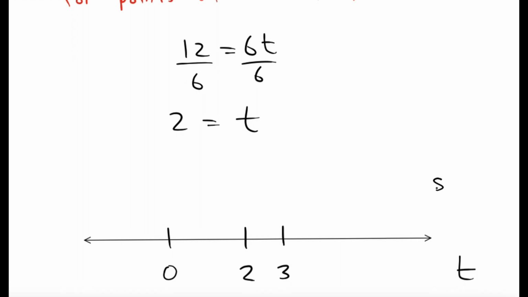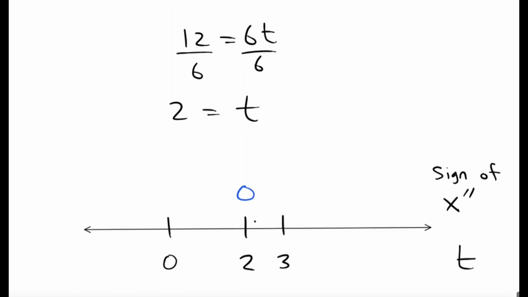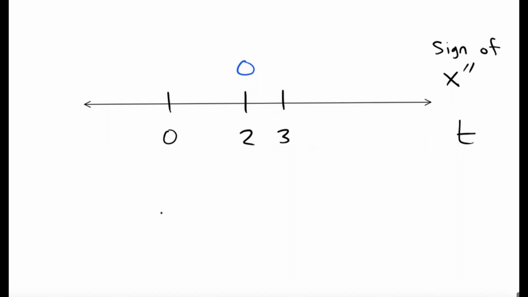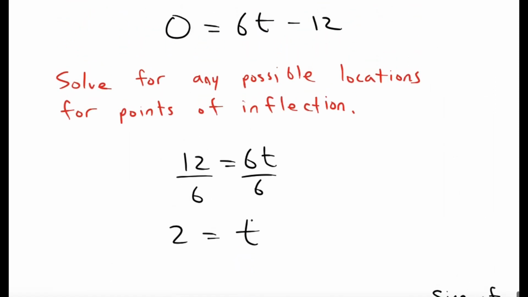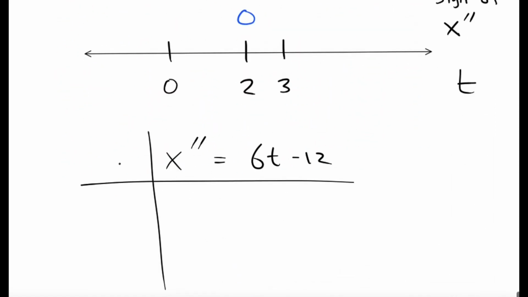We're going to be looking for the sign of the second derivative here. I already know the sign of the second derivative is 0 at 2. But what is it around the 2? So we can use our formula, pick arbitrary values of t that are around 2, and we'll plug in to the second derivative now.